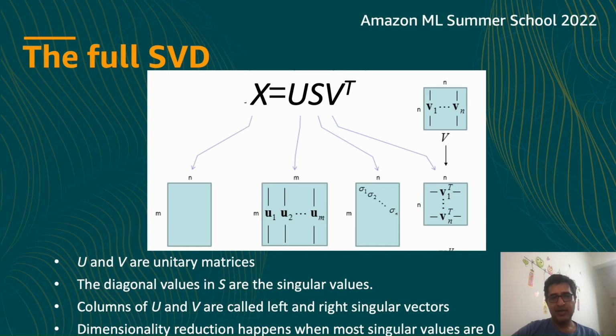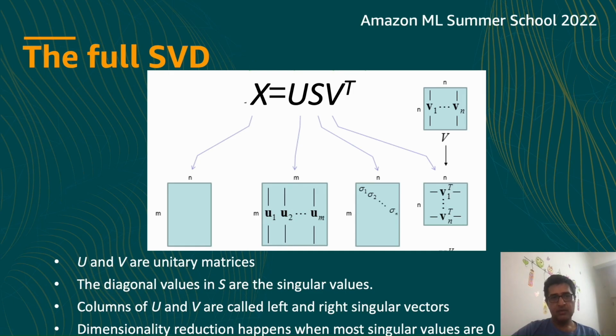And what you are trying to get to is a representation where these can be represented by very few basis vectors themselves, right? So you express the matrix X as a matrix multiplication of the matrix U, which is an m cross m matrix, matrix S, which is an m cross n matrix, and then a matrix V transpose, which is an n cross n matrix.